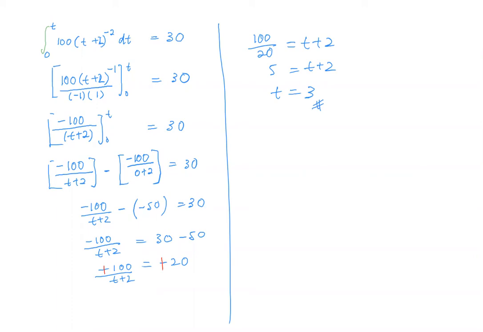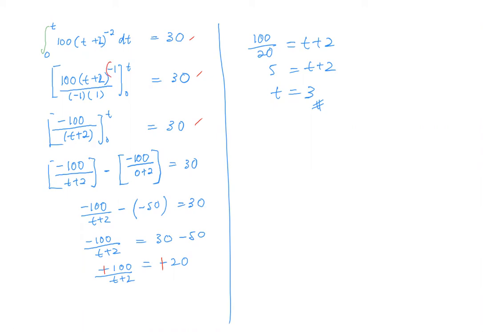Miss, I don't understand the third line. Which line don't you understand? The third line? What do you mean you don't understand the third line? I don't know how you get there. Negative 1 times 1, negative 1. This one, the negative put down.